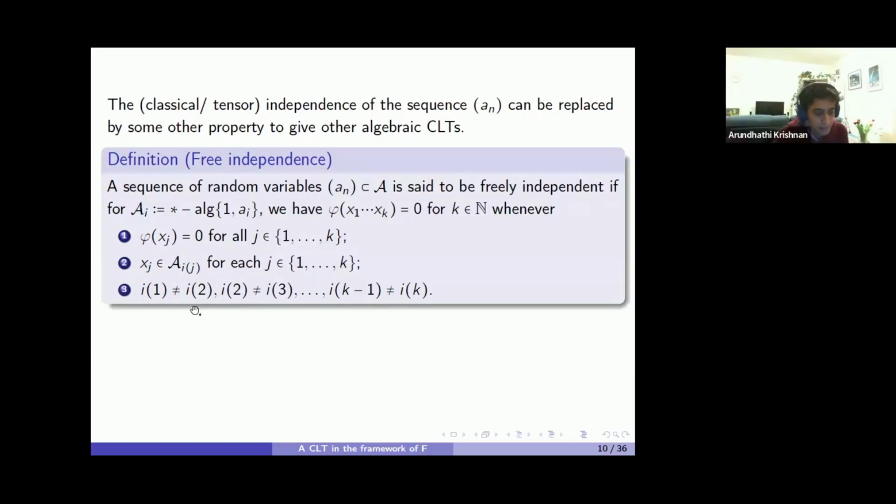And the third is the important condition, which says that, let's say x_1 comes from A_{i_1}, x_2 comes from A_{i_2}, and so on, but these neighboring indices should not be equal to each other. So i_1 not equal to i_2, i_2 not equal to i_3, and so on, up to the last pair of indices. So whenever these three conditions occur, so phi of the individual random variables is 0, then phi of the product is also 0. In this case, we say that a_n is freely independent.